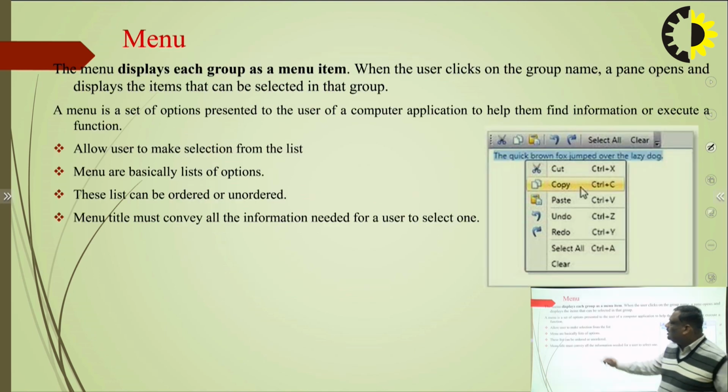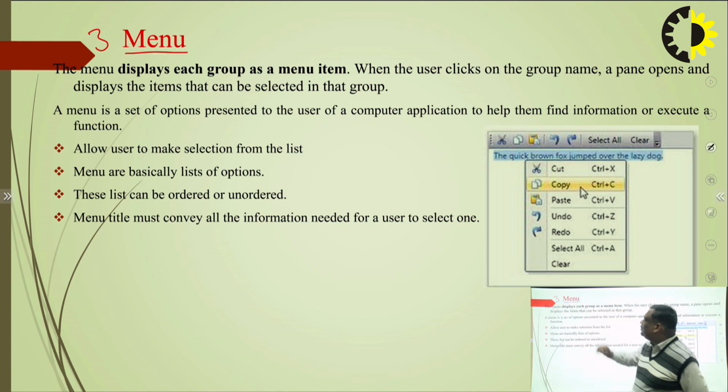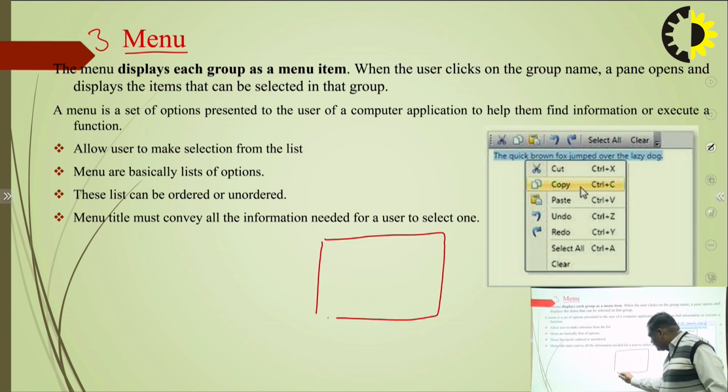Next one is the menu. The third one is menu. In WIMP, M stands for menus. Menus display a list. You go to the page, this one is the window, and here a File menu is present, Edit.